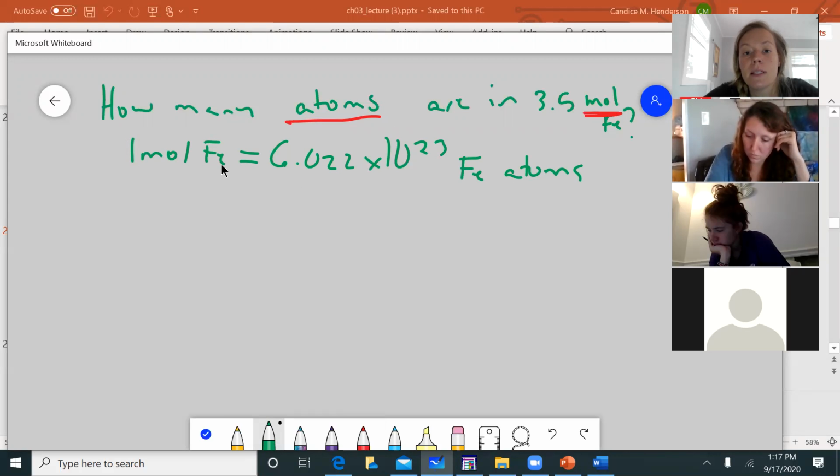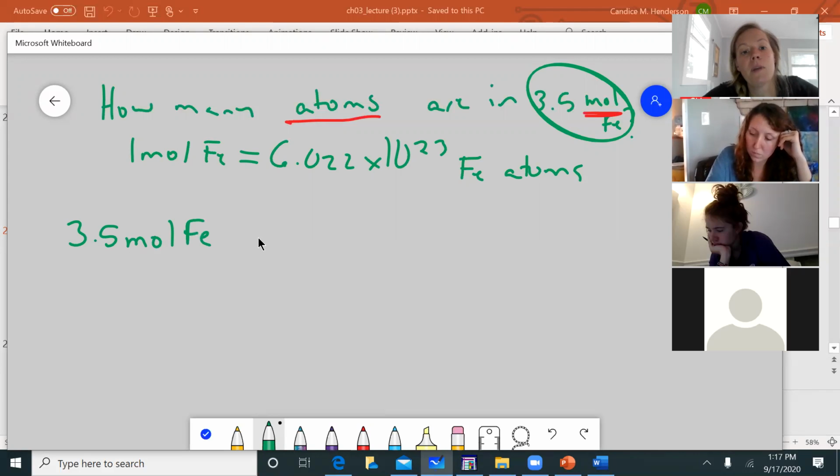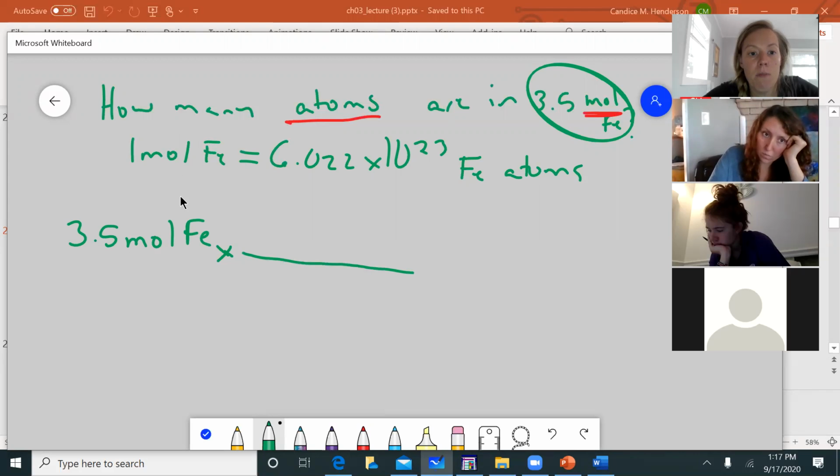So I can set this up in dimensional analysis. I start with my given information, 3.5 moles of iron. I'm going to multiply it by Avogadro's number, using this conversion factor to get me into atoms. So I need to put the mole on the bottom.